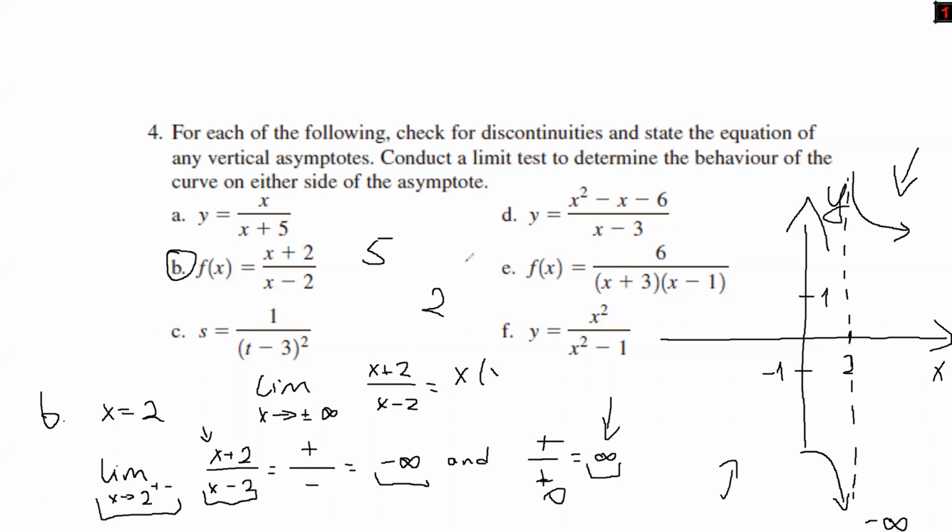X times 1 plus 2 over x, divided by x times 1 minus 2 over x, right? Simplifying, turning this into 0, and I'm left with 1 over 1. And that's my limit. That's my horizontal asymptote.